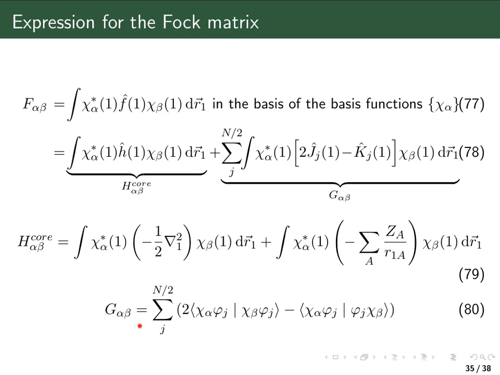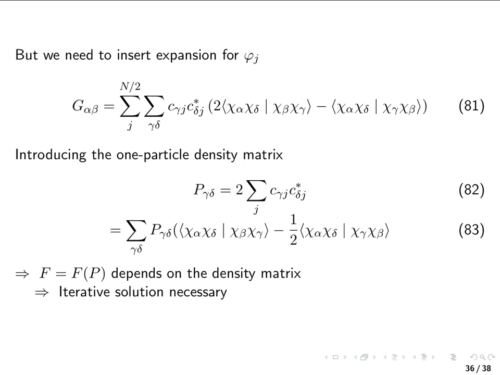And if you want to calculate this G matrix, we have to insert the expansion of the spatial orbitals phi describing the other electrons. Due to the Coulomb and exchange operator, it depends on the spatial orbitals. So one has to insert the same expansion in the basis function, and that's what I've done here.